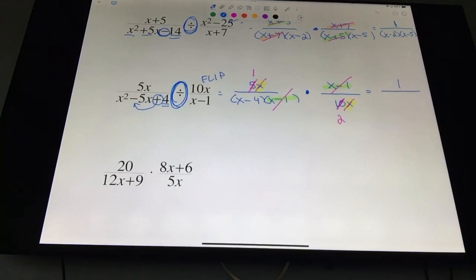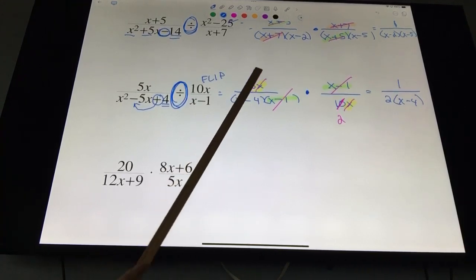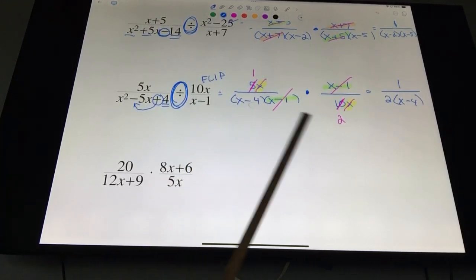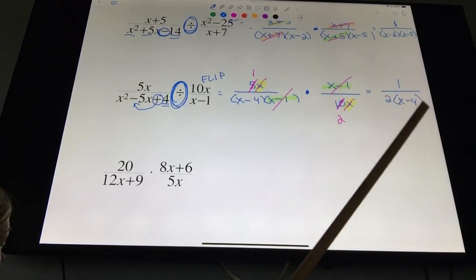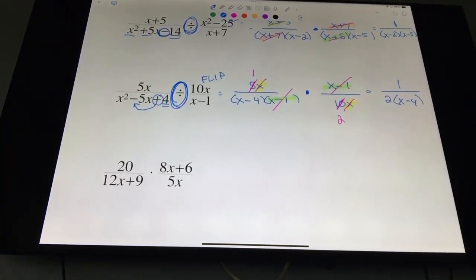And then always, after you cancel, don't make this answer hard, because whatever is left is the answer. So on the top I have just this 1, and on the bottom I have an x minus 4 and a 2, and it really wouldn't matter if you wrote the 2 in the front or the back. It's the same thing.